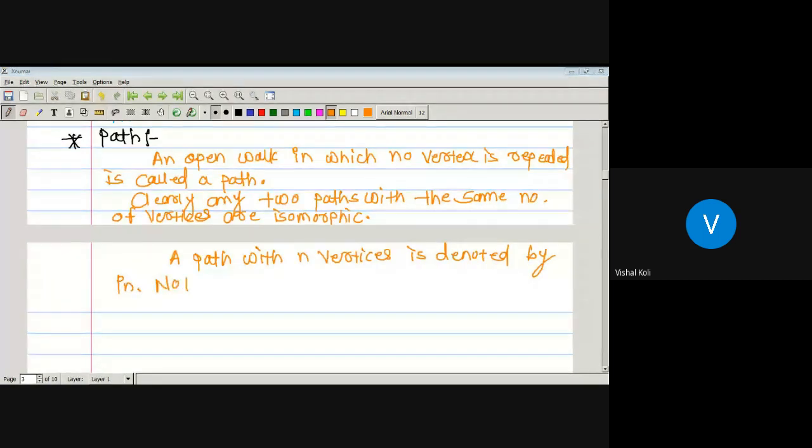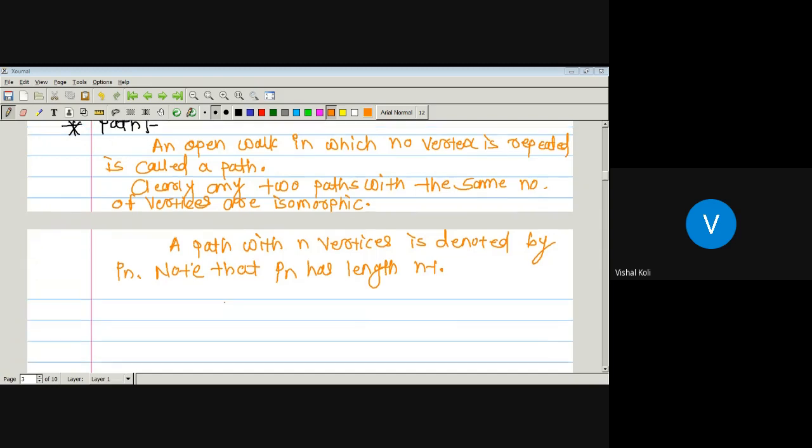Note that Pn has length n minus 1. Actually, a path is also a walk, and the length of a walk is the number of edges in that walk. So as Pn is a walk, it has length n minus 1 whenever it has n vertices.